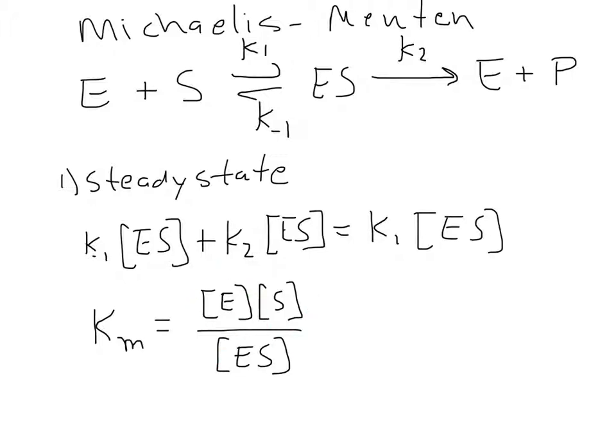You can show very simply from this equation right here that that has to be equal to K minus 1 plus K2 over K1. And you can understand this equation simply by realizing this sum right here is the sum of the rates for the dissociation, or the leaving, of the complex.